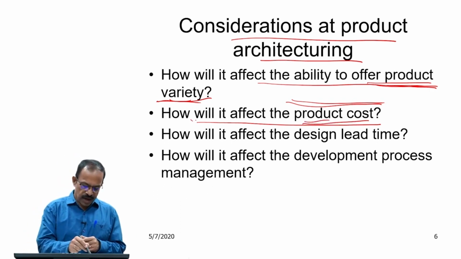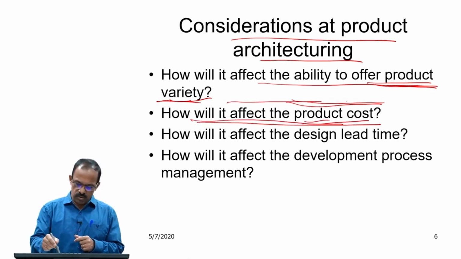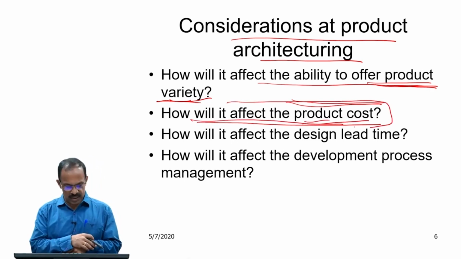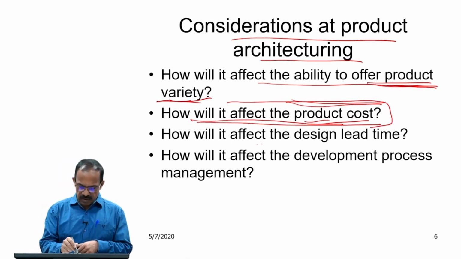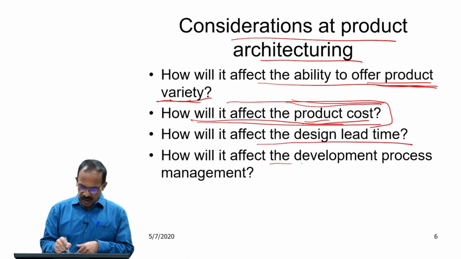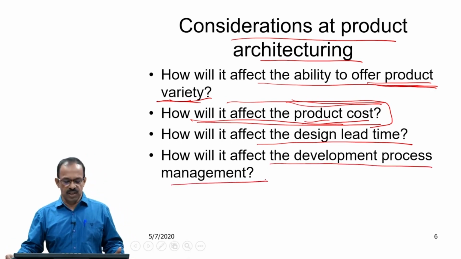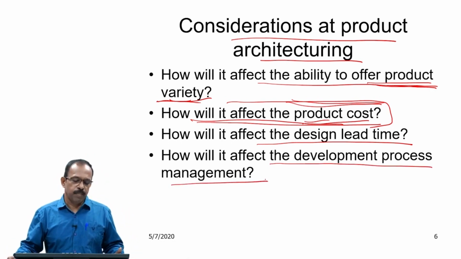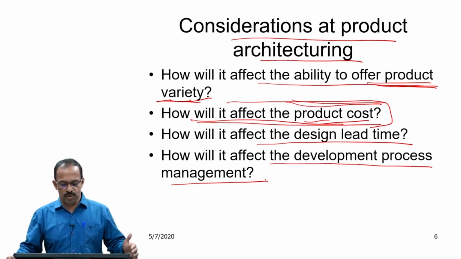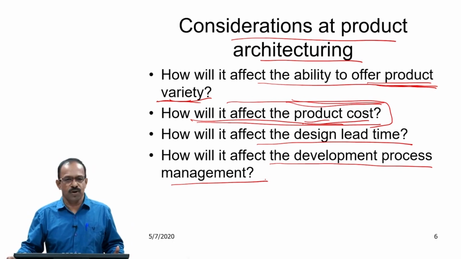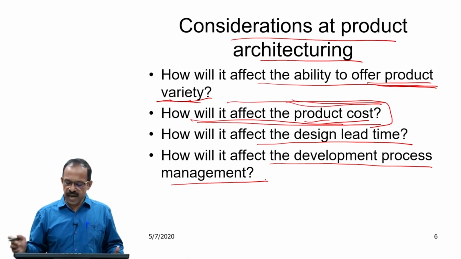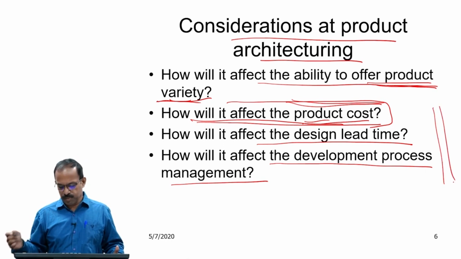We need to see how a particular architecture is going to affect the cost of the product, and similarly how it affects the design lead time and the development process management. When you have more products in the family, or a product architecture which requires a lot of time for development, those things will affect the cost as well as the development time.